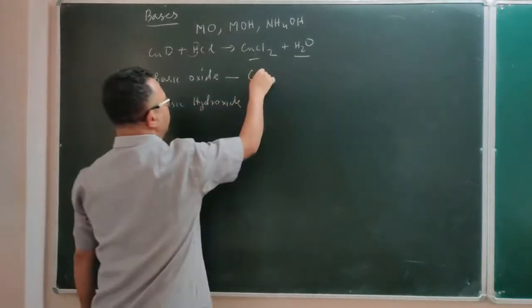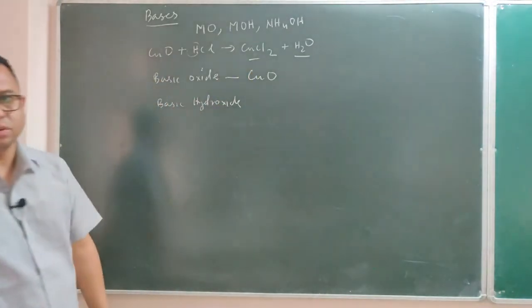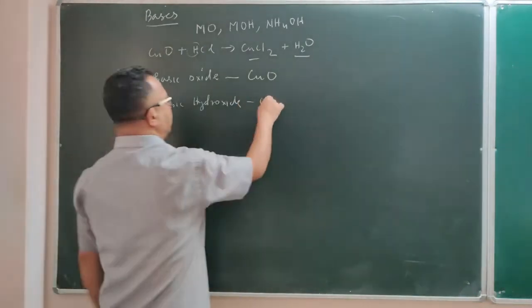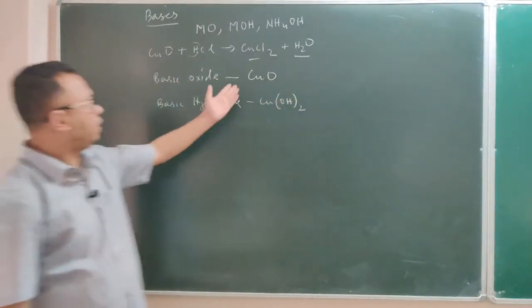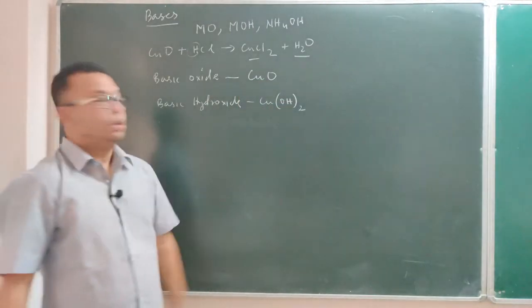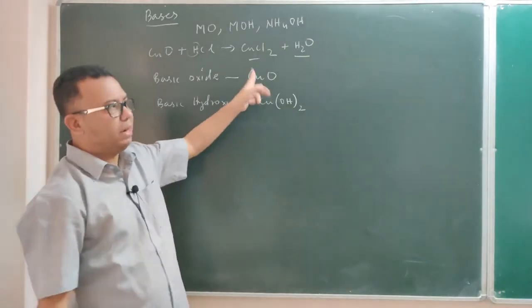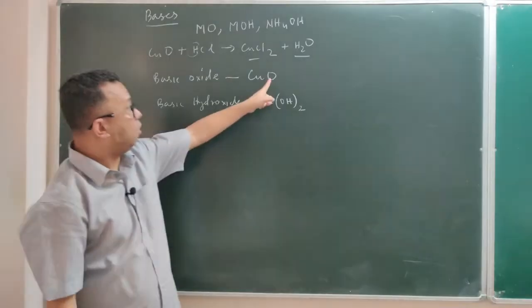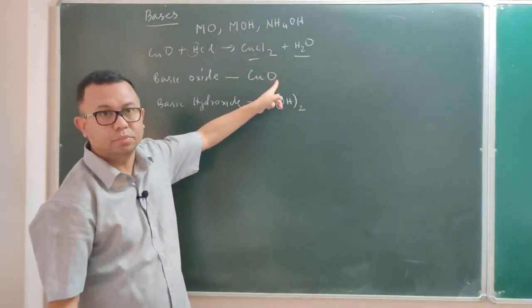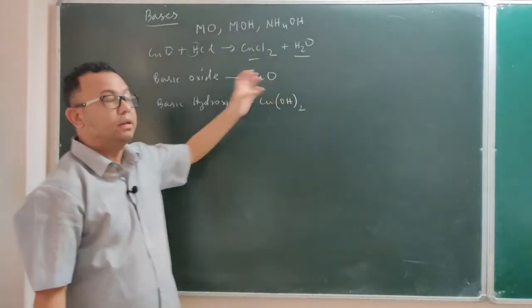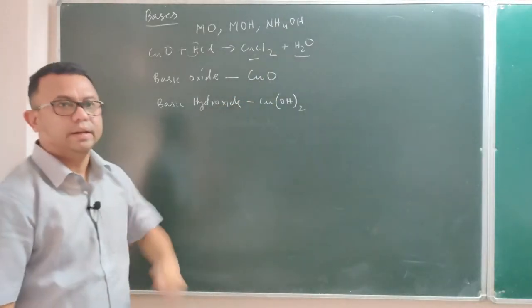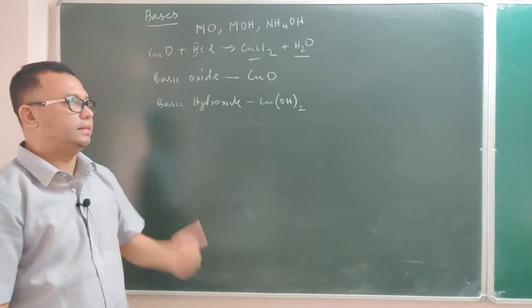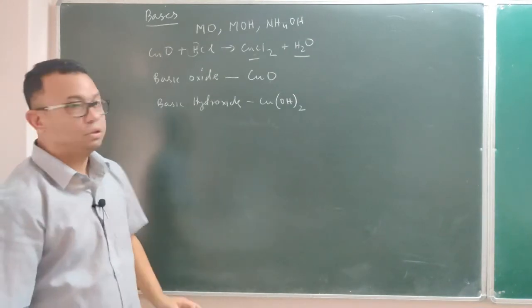The example which I gave you was about basic oxide, copper oxide, or the same thing I can write about copper hydroxide, so basic hydroxide. So when you define a basic oxide, how do you say? Basic oxides are those metallic oxides which contain oxide ion. You can see the ion present here is an oxide ion. Then what happens to this? This very metallic oxide reacts with the acid to produce salt and water.